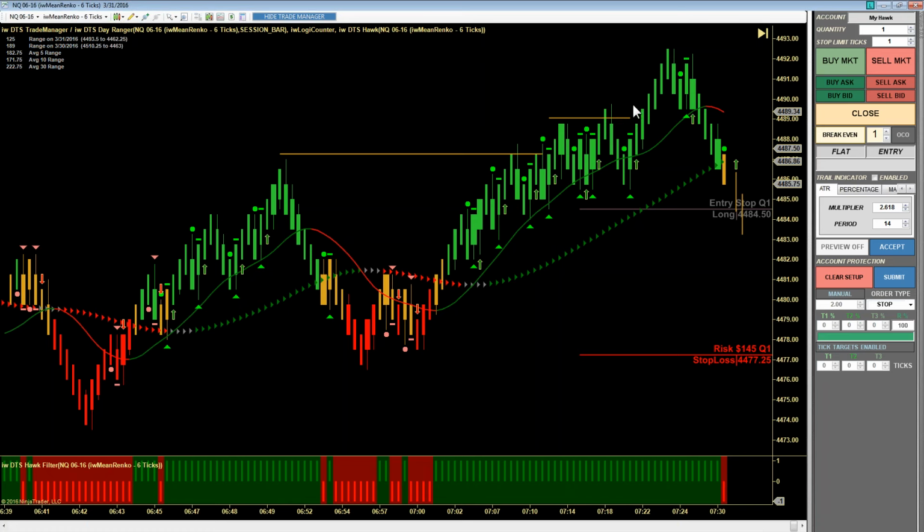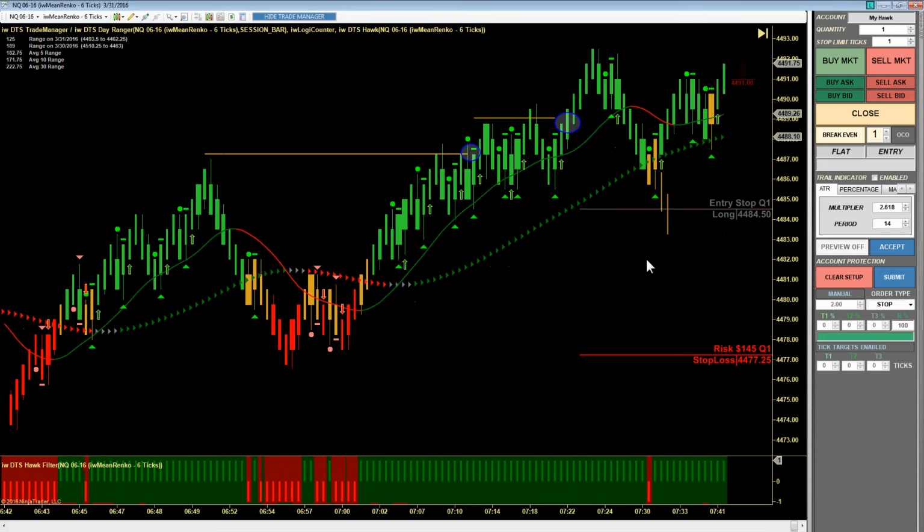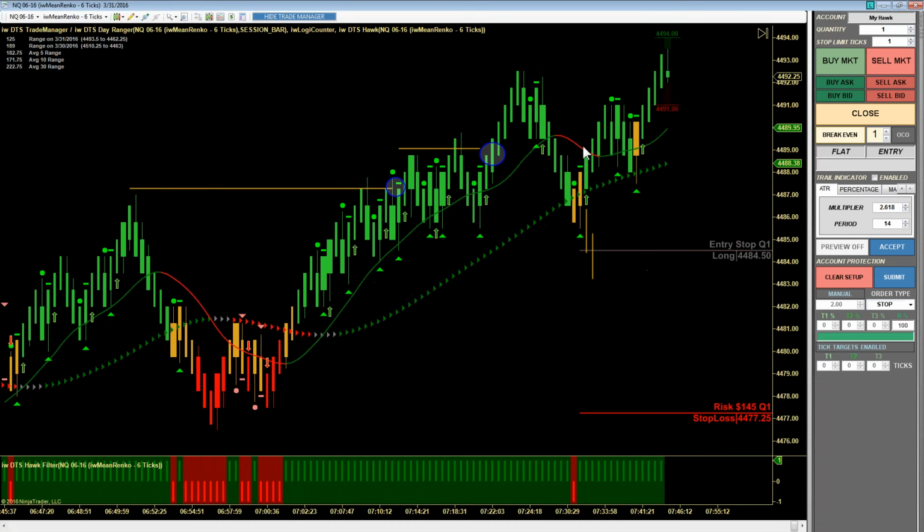Because you bought into the second one right here. So you bought your first one right here, bought into your second one right here. Even if you got your first one to break even, your second one you still took a loss. So it's not like that type of thing happens all the time. But when it does happen, it can be incredibly profitable.